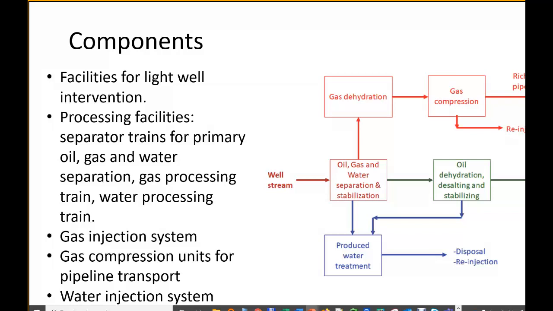And then you have gas dehydration, which is typically made by the TEG, triethylene glycol contactor, which is a big piece of equipment, a tower, where you take out part of the water from the gas. And then after that you have gas compression, which is one of the most energy-eating parts of the field.